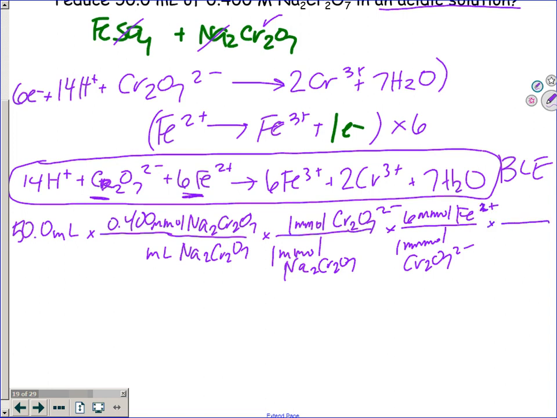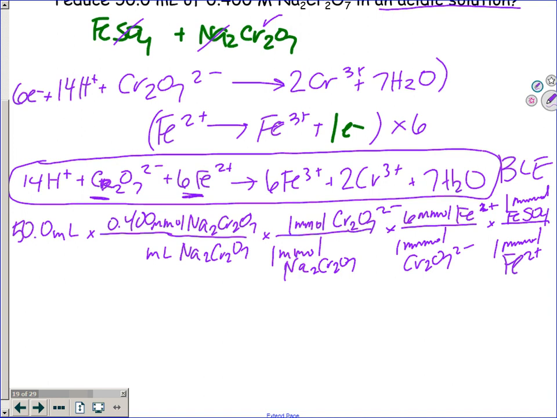And then get me from iron 2 plus to what? The iron 2 sulfate. So the internal mole ratio between iron and iron 2 sulfate is just a 1-to-1. So 1 millimole of iron 2 for every 1 millimole of iron 2 sulfate.